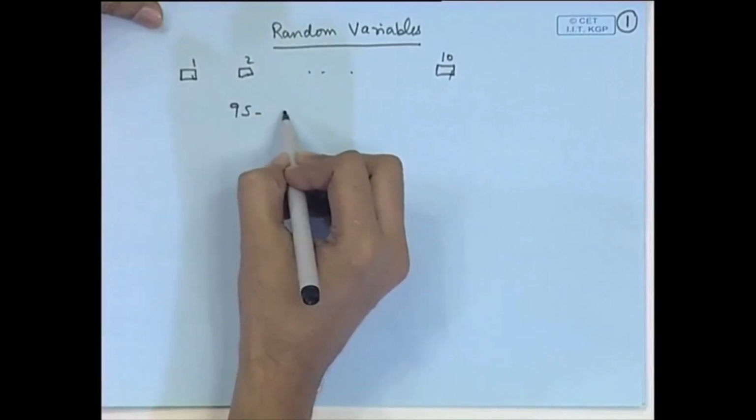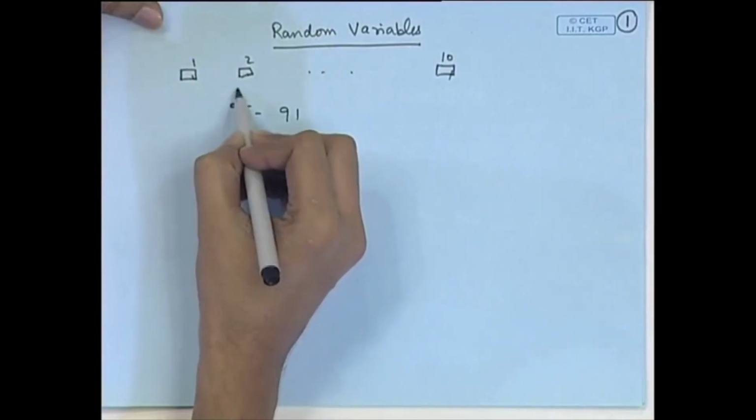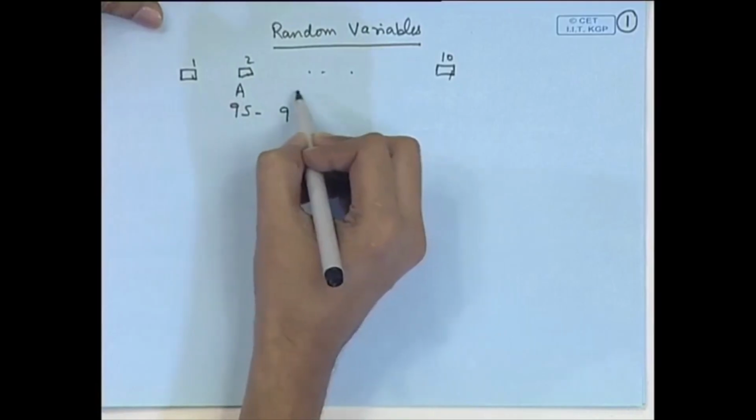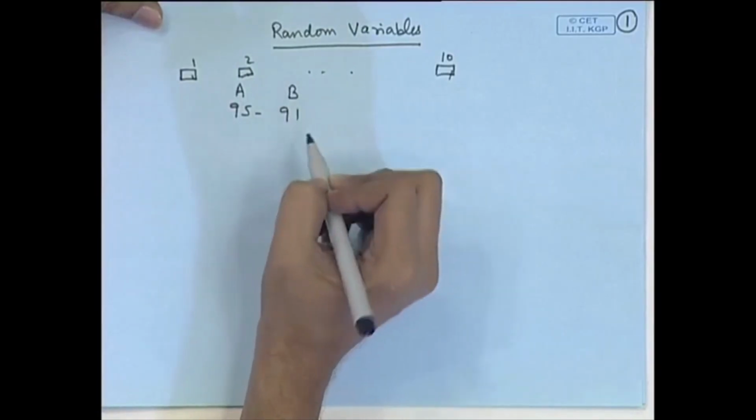You look at, say, a game of basketball. After the completion of the play, the score line will read something like 95, 91. Team A may score 95 and team B may score 91.